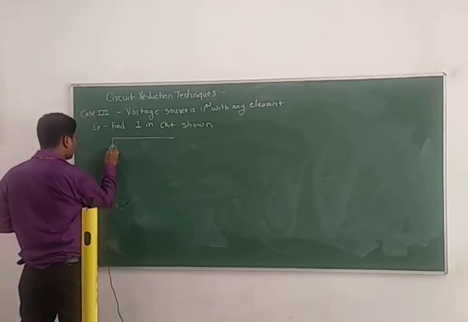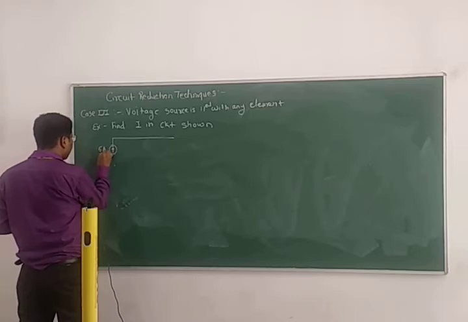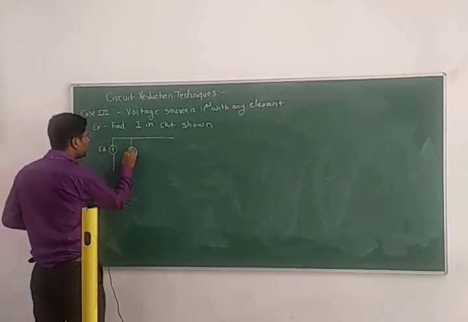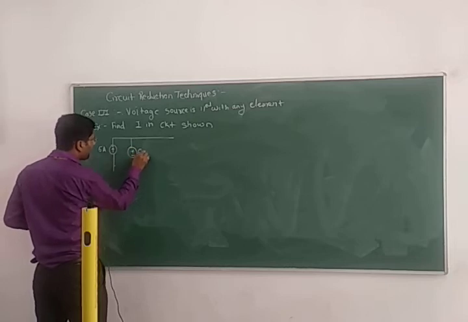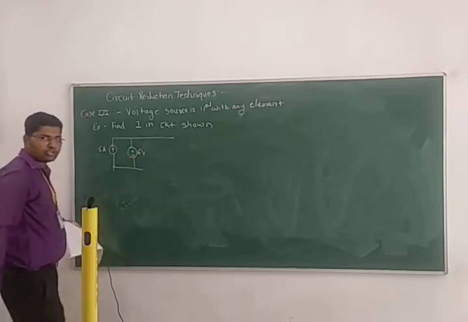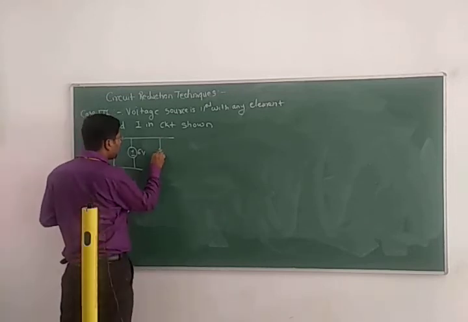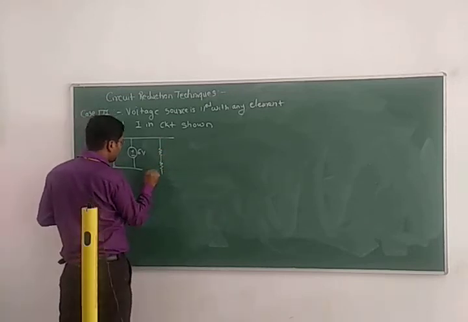So this is a 6 ampere current source. This one is a 6 volt voltage source, and we have to find the current through this branch.